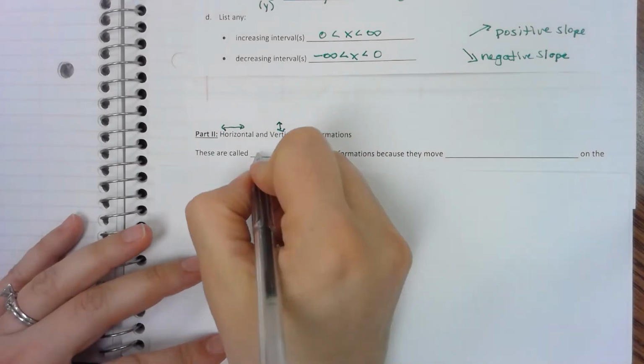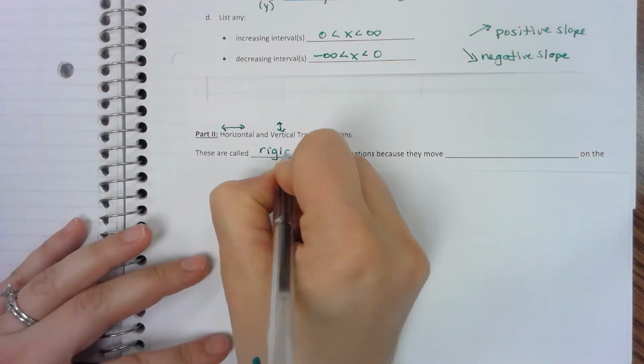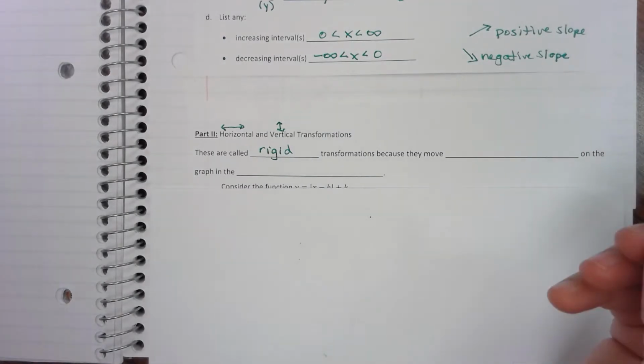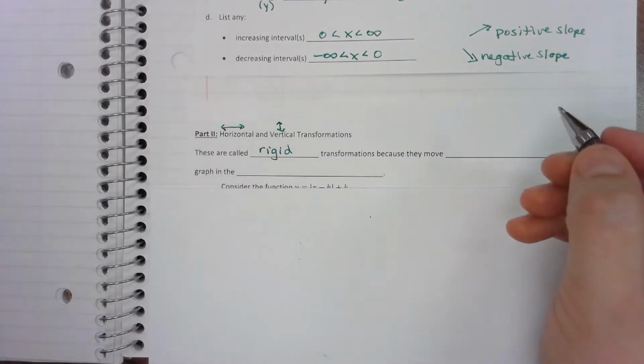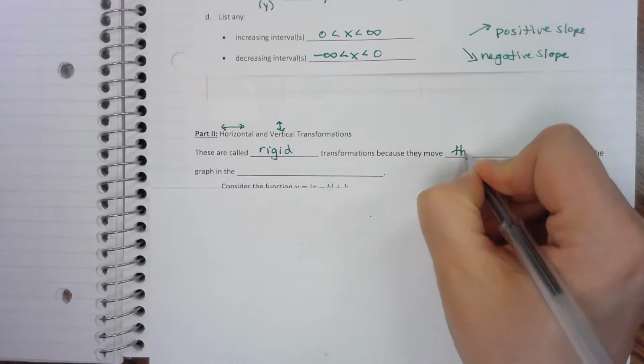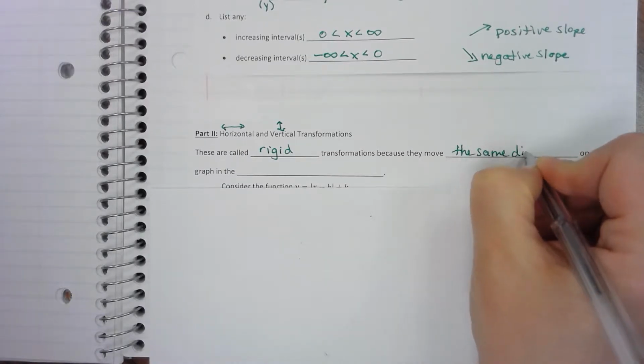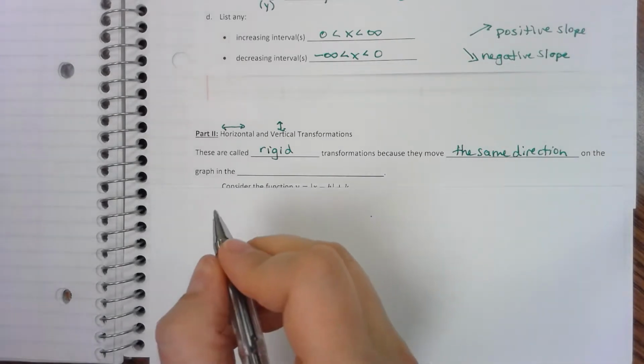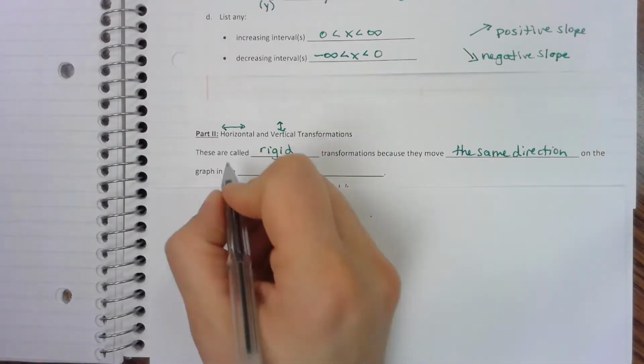These are actually considered rigid transformations because they move the same direction on the graph at the same time.